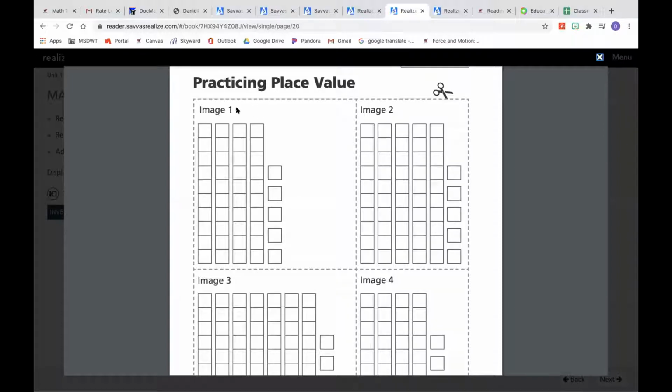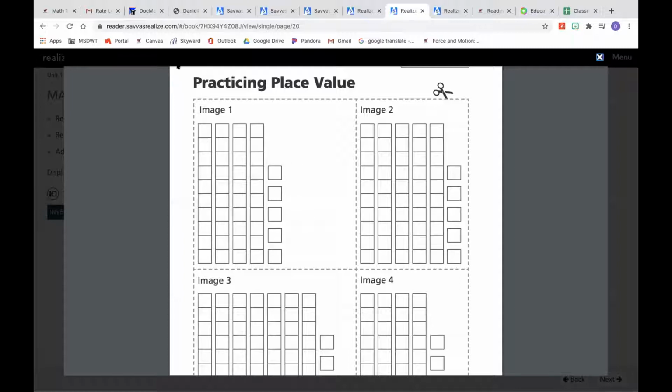How many 10 sticks are there, Emmeline? There are 4. 4. So it's not going to be 55. It's going to be what? 4, 40 what? 40 little cubes. And then of how many?